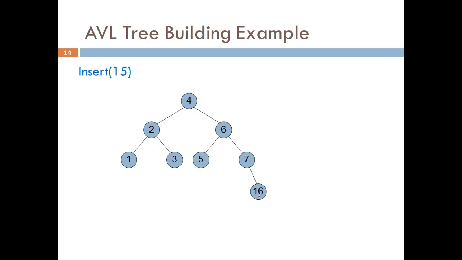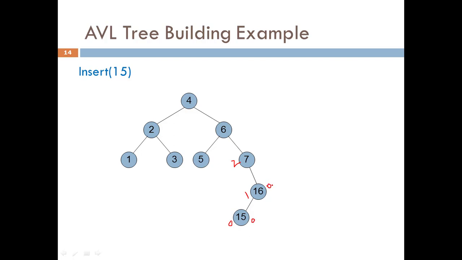Okay. So how about this 15? If we insert the value 15, again we need to check this path whether it is imbalanced or not. Let's quickly check 0, 1, 2. These are the heights. How about the balance factor of this? Because this is a leaf node, the balance factor is 0. How about this one? The height of left subtree, which is 0, minus -1.